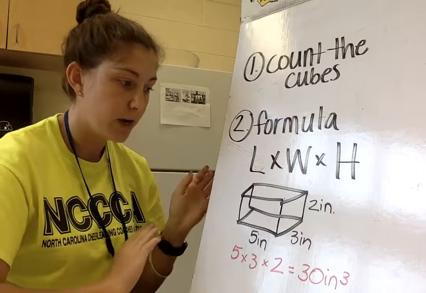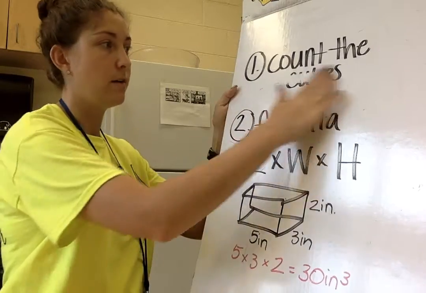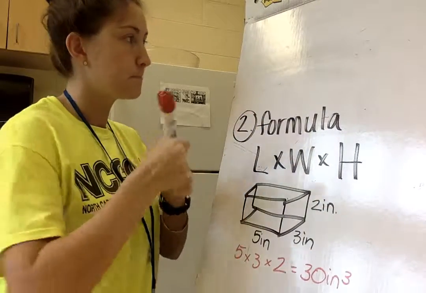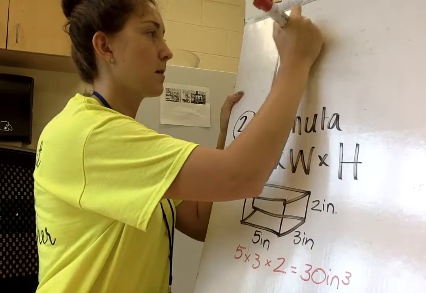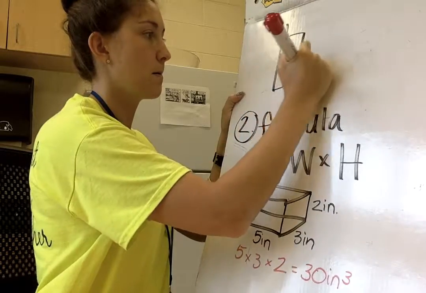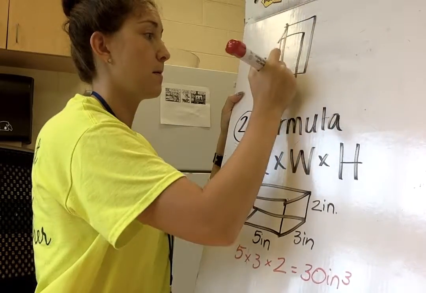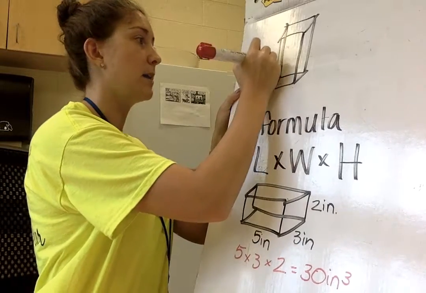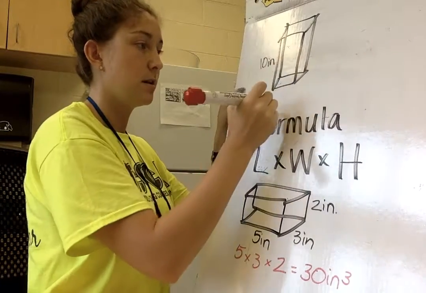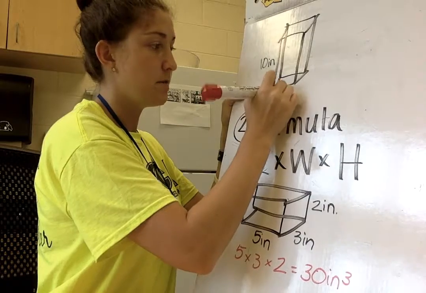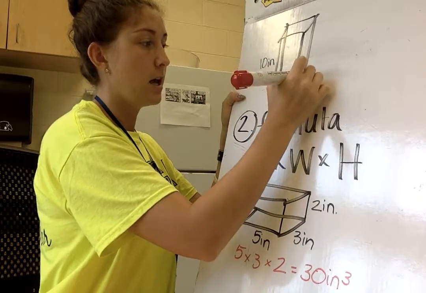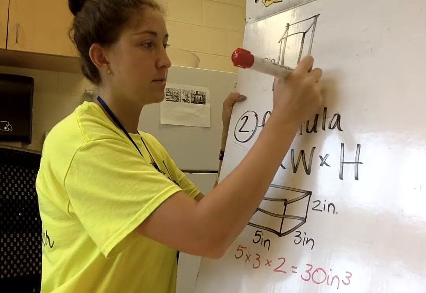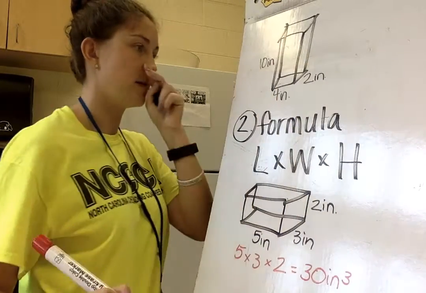We can find the volume of another figure. Put it up here at the top. So if I have this one here, and my height is going to be 10 inches, my width is going to be 4 inches, or my length is going to be 4 inches, and my width here is going to be 2 inches.